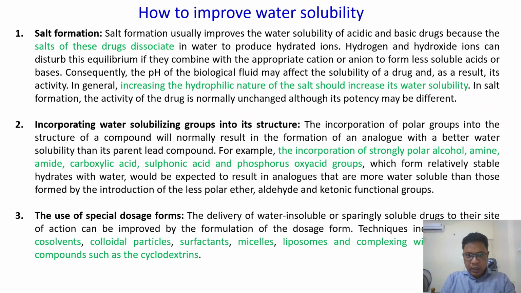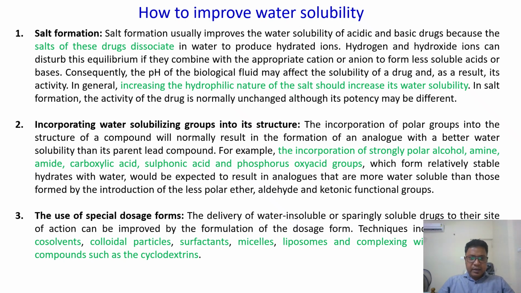For example, the incorporation of strongly polar groups like alcohol, amine, amide, carboxylic acid, sulfonic acid, and phosphorus oxy acid groups, which are readily water soluble and form relatively stable hydrates with water, would be expected to result in analogs that are more water soluble than those formed by the introduction of less polar ether, aldehyde and ketonic functional groups.